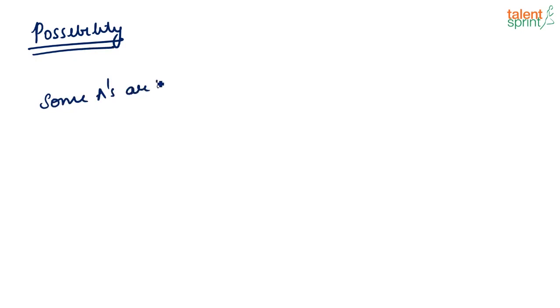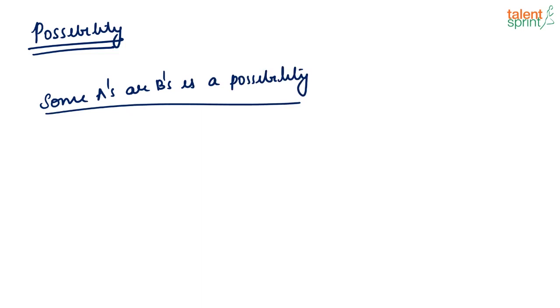Now we have another type of questions that come: questions wherein you have possibility cases. That is, there are some conclusions where they say that some A's are B's is a possibility. So when such a question comes, what do we do? Whenever a possibility conclusion comes in the given set of conclusions, this particular conclusion sometimes might not satisfy the basic diagram, but it has to satisfy at least one of all the possible cases.